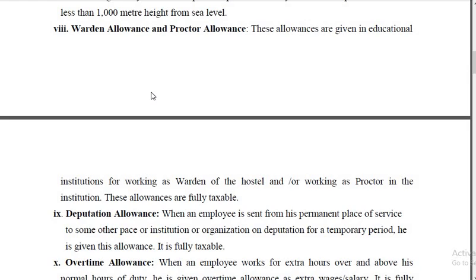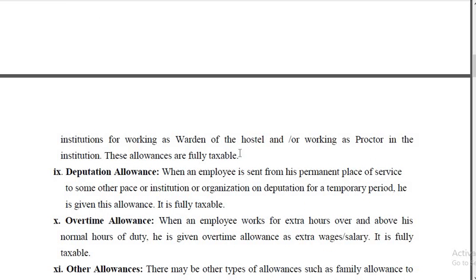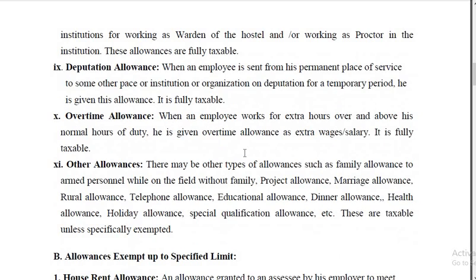Proctor allowance: a proctor is one who is entrusted with the responsibility of looking after discipline. Both these allowances are taxable, and they are given in educational institutions for working as a warden of the hostel or as a proctor in the institution. These allowances are fully taxable.